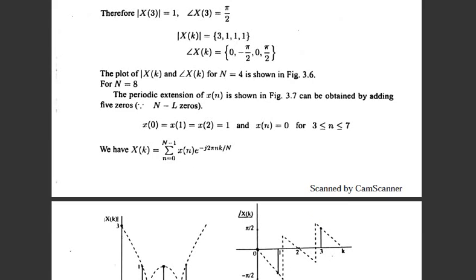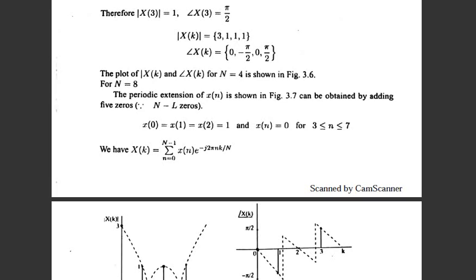How do we generate the angle? In this section we can draw the diagram, which will look like this. Here we have 3, so we put the value 3 in this diagram, and the next one is a 1. The next value is also 1 and another value is also 1. If we draw this, the output will look like this.